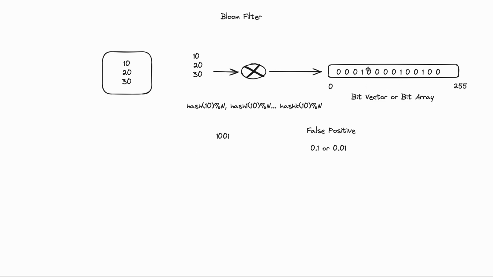If the bits in the bit vector are all set, then we can say that it is a recommended product that the user is likely to visit in future, or likely to buy. Even if it returns a false positive, it will not affect the application. We can recommend with 0.01 or 0.1% false positives to the user.